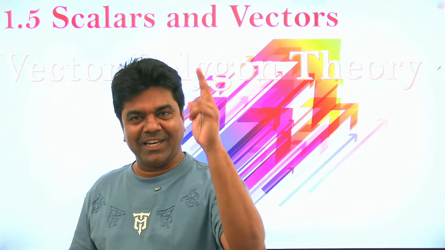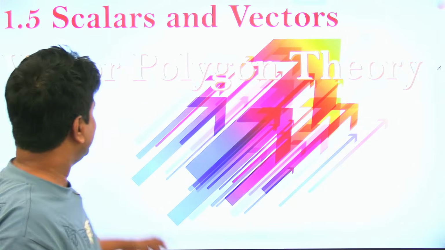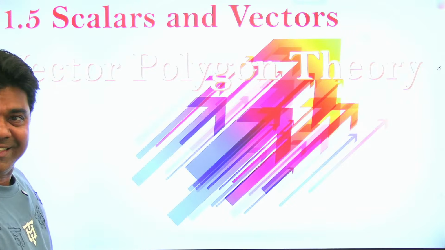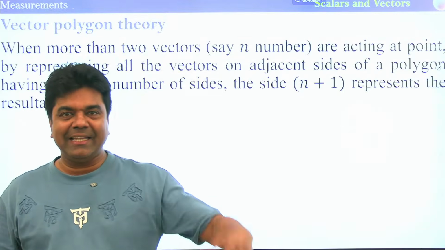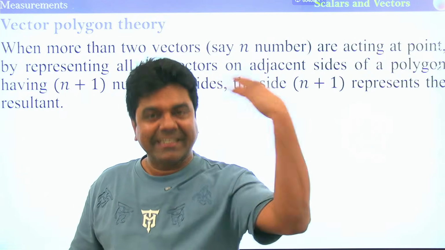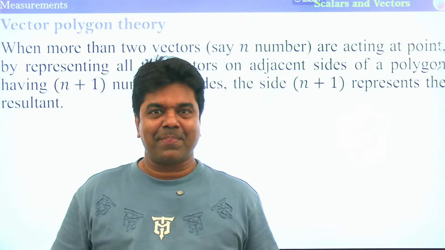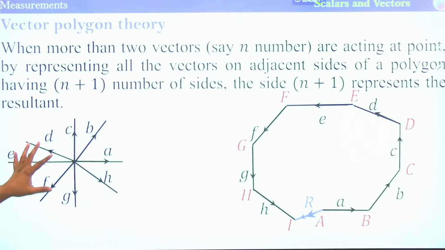So we come to the last theory topic. That is vector polygon theory. It is completely the extension of the triangular theory for more than two vectors. So we have, say, 8 vectors here.